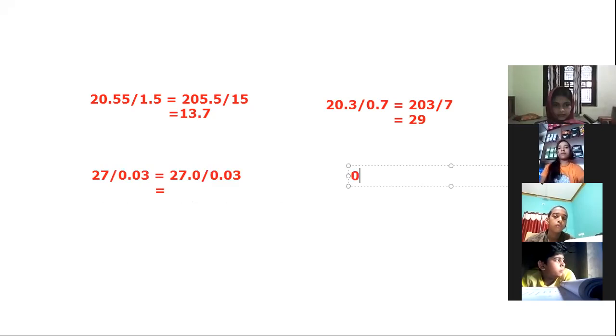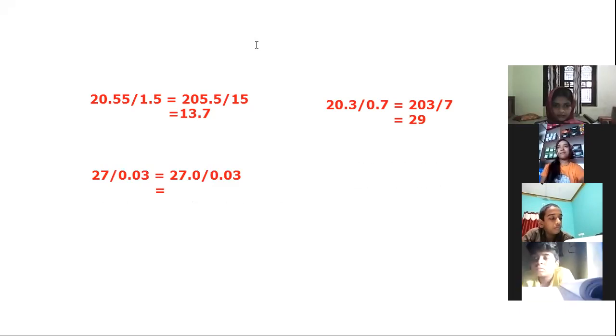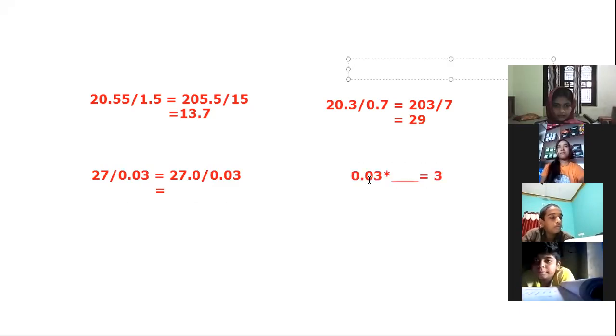We have to change 0.03 into 3 by multiplying with a number. How will you get 0.03 as 3? How many zeros do we want? 2 zeros.